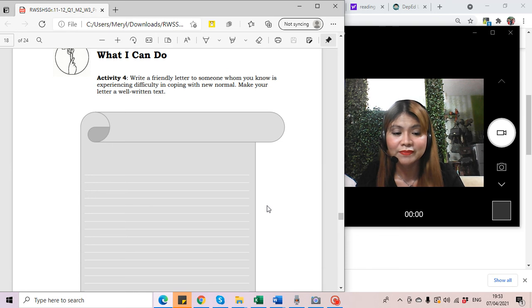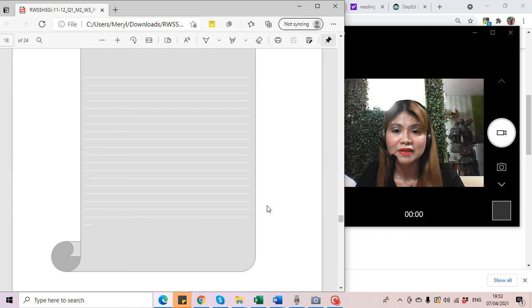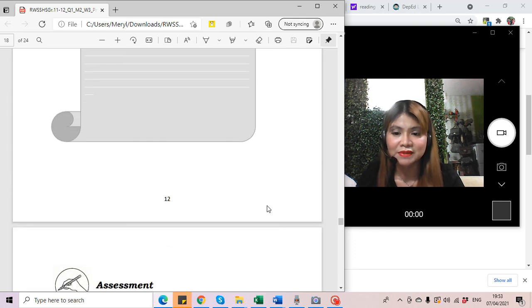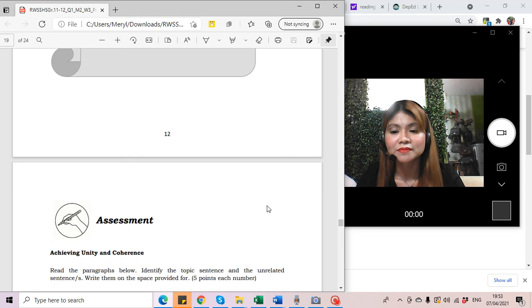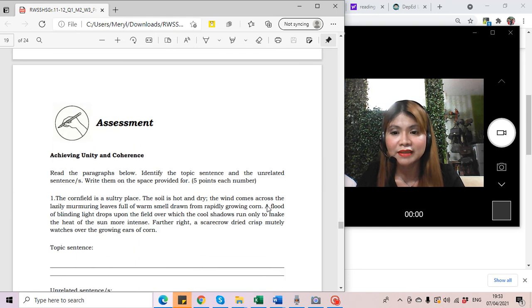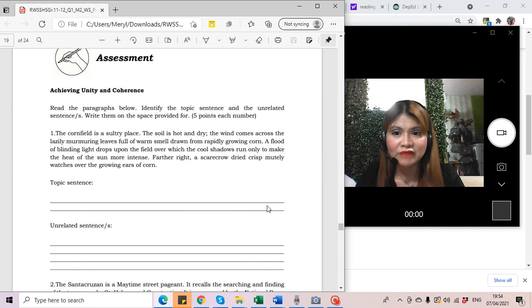Giving hopes to a friend, encouragement, and positive vibes to a friend. So, kung meron kayong naiisip na isang kaibigan na nahihirapang mag-adjust sa new normal, okay, sulatan ninyo at pag-aangin ang kanilang kalooban.